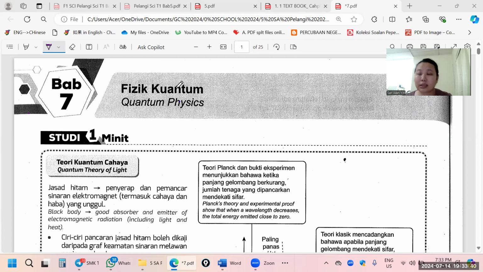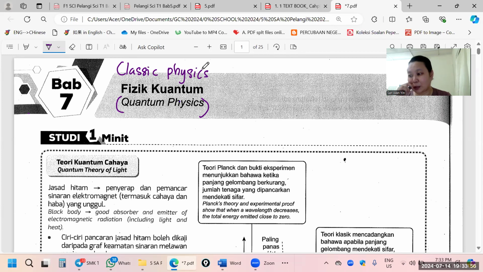Okay, so quantum physics. What is it? Okay, so actually before quantum physics, we call them all classical physics. Okay, I make the story shorter.